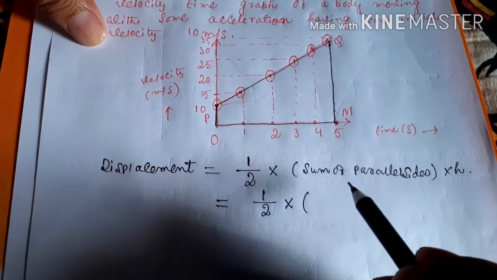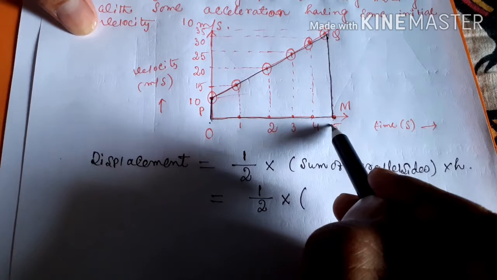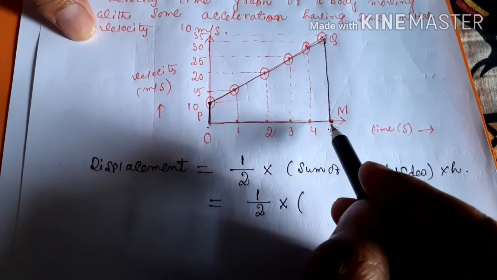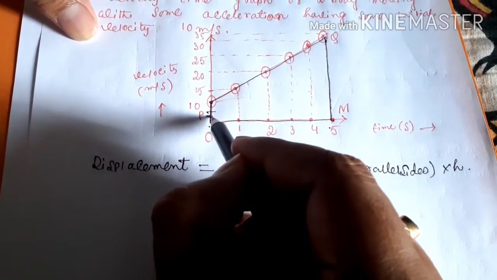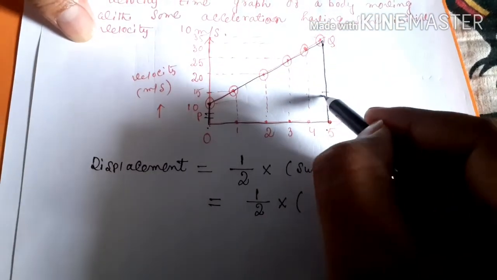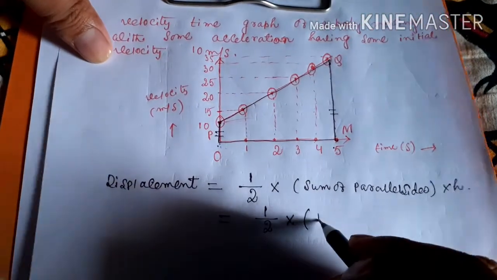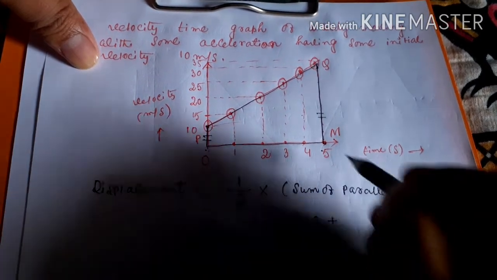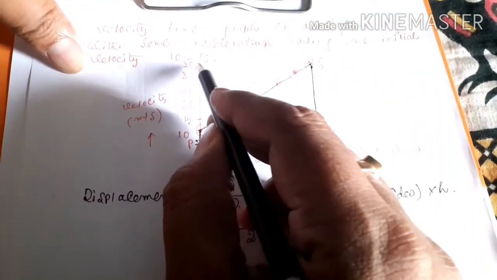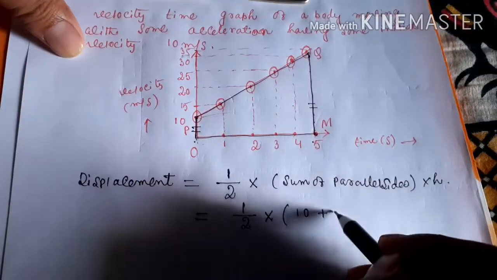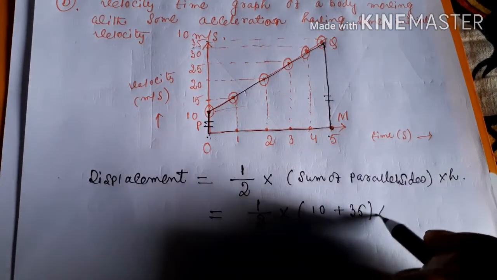These are the two parallel sides. So 10 plus this one is how much? From here to there, that is 35, because 35 is the last mark here. So 10 plus 35, these are the two parallel sides, into height.